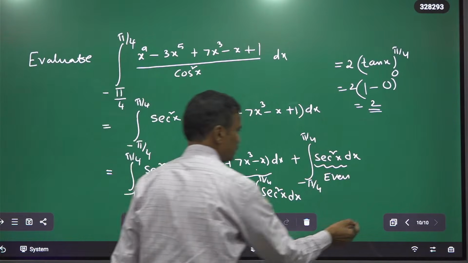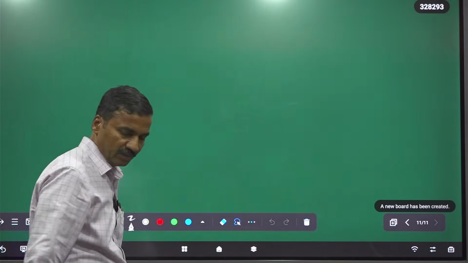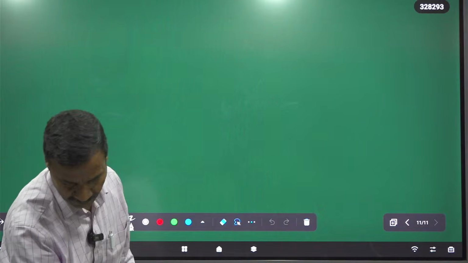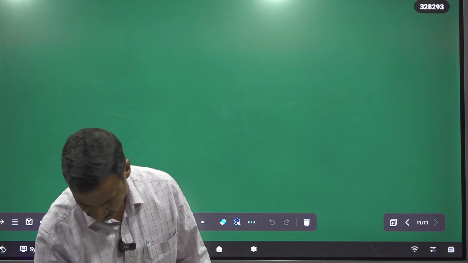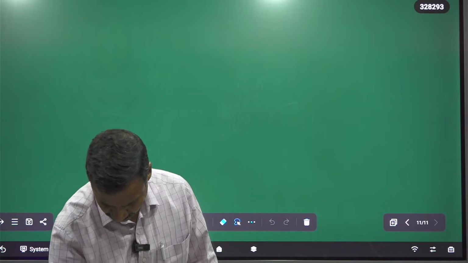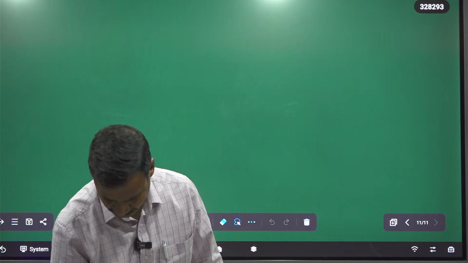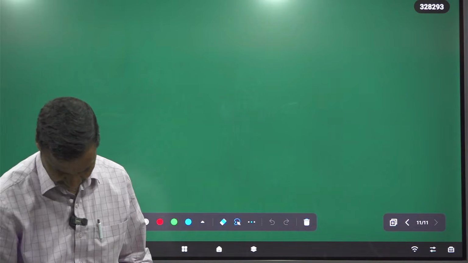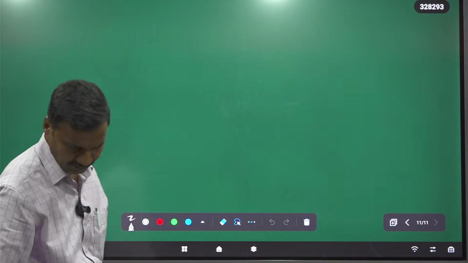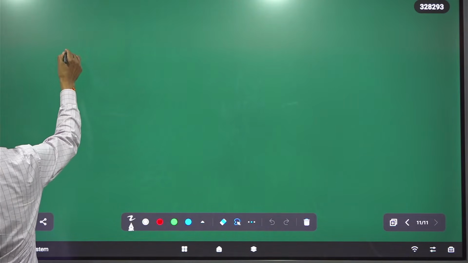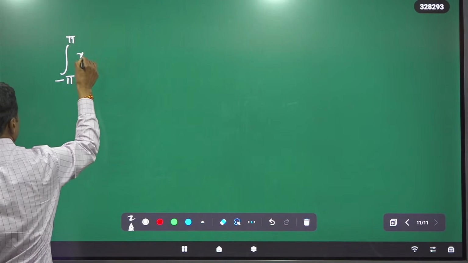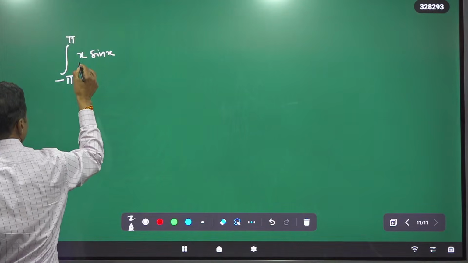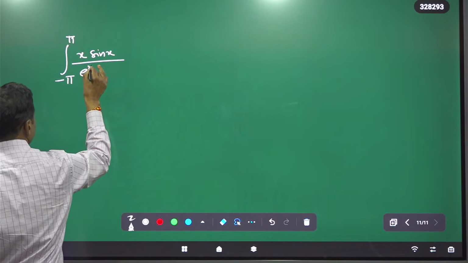Okay, so we take one more problem here. Integral of minus pi to pi x into sin x by e power x plus 1 dx.